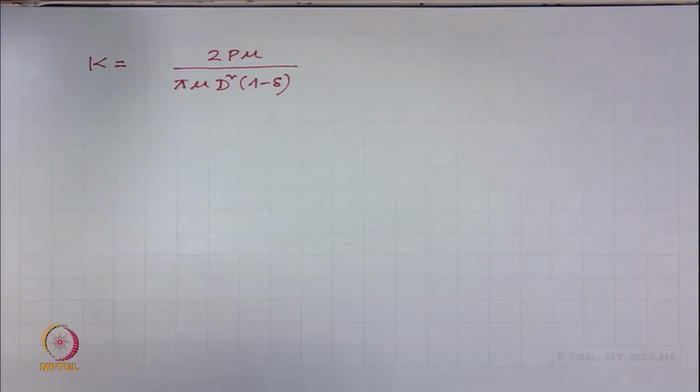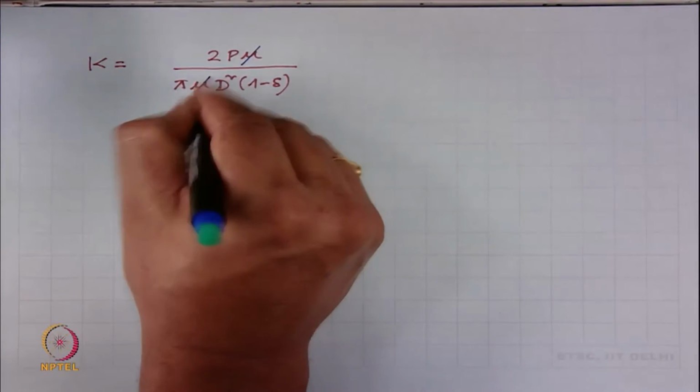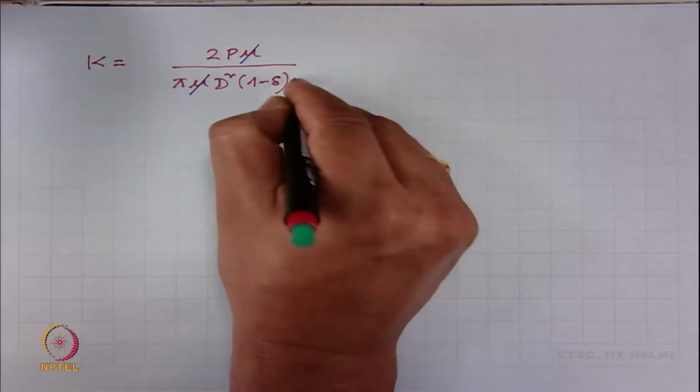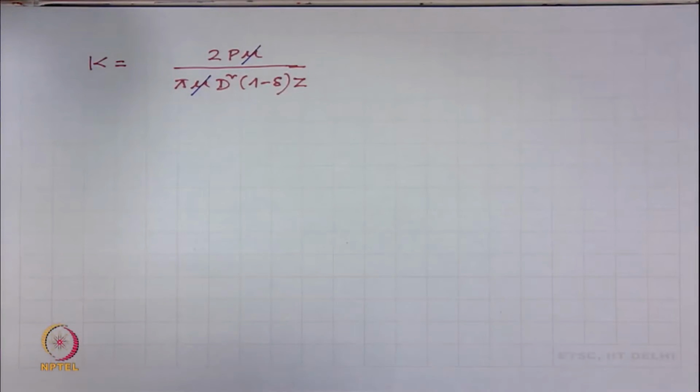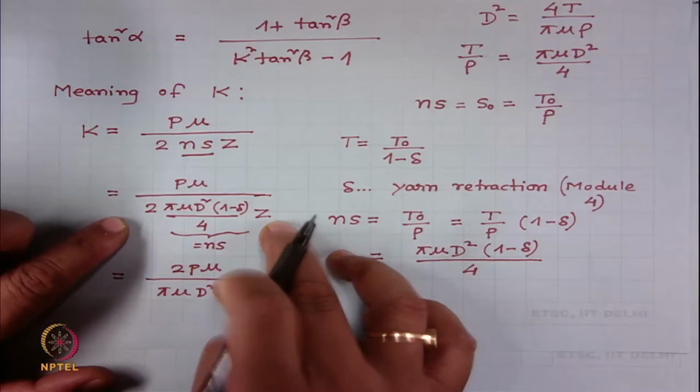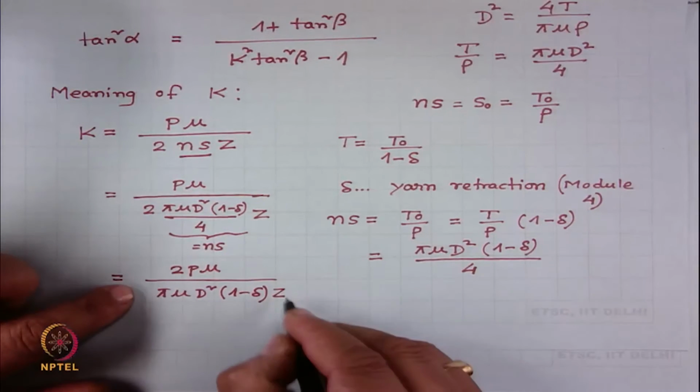Now, this mu cancels out. Where is Z? Z must be here. This Z was missing from here, so this Z must be here.